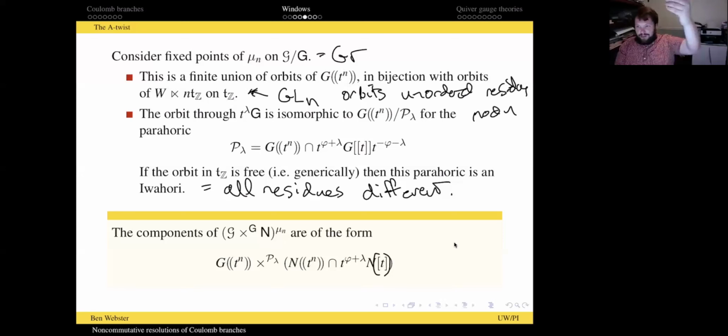Every fixed point component in this guy is going to sit above a fixed point component in the affine Grassmannian. And it's basically just like you look at a point in that fixed point component and, well, it's fixed under the finite subgroup. So the finite subgroup acts on the fiber over that guy, and you look at the fixed points of that. And that's exactly this guy.